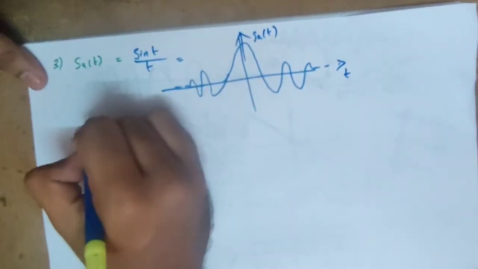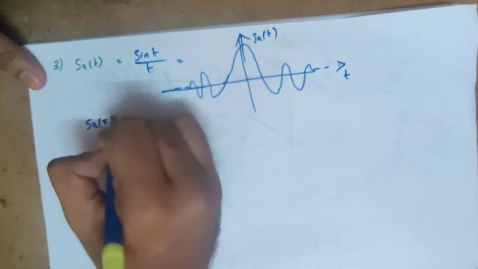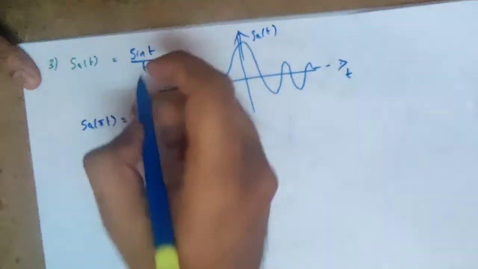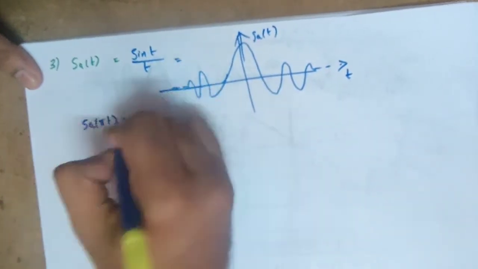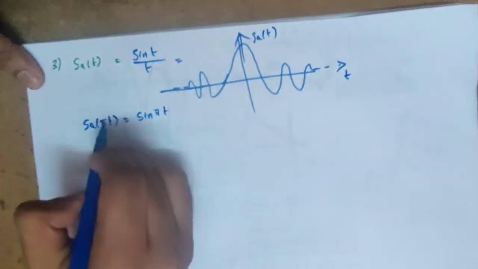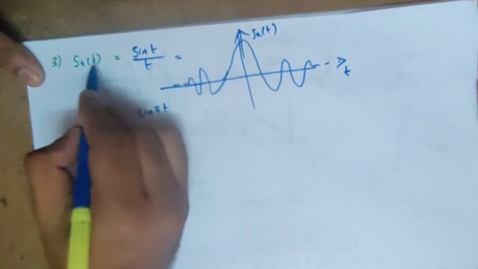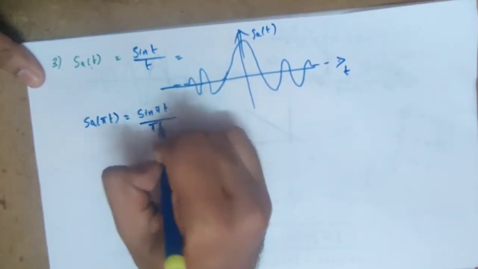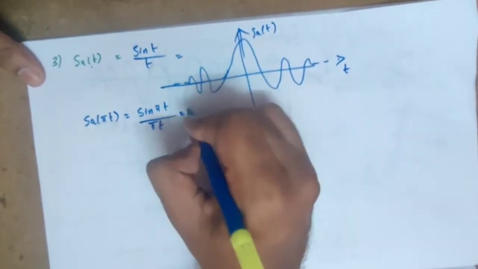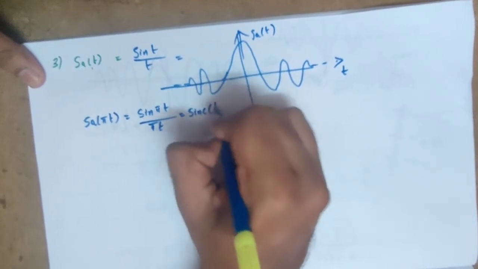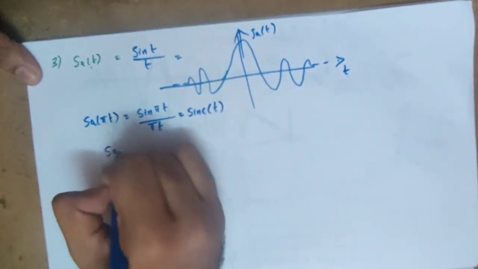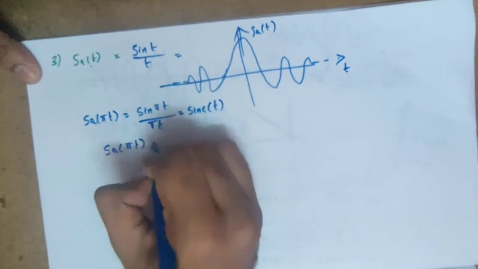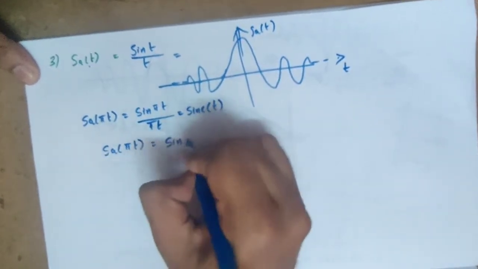So what is the value of sampling of pi t? That is nothing but sin of pi t divided by pi t. You are simply substituting pi t in the place of t, in both places. What is this? Sin pi t by pi t, it is sinc of t. So sampling of pi t is equal to sinc of t.